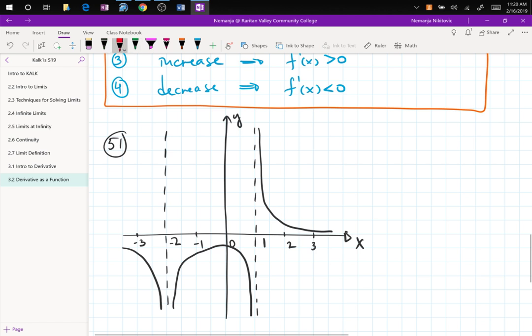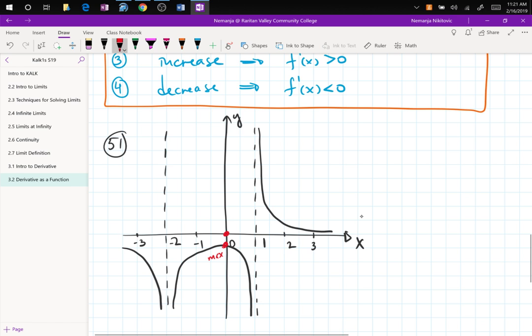Well, we immediately find the max value, and that's where the derivative goes to 0. We know that these asymptotes stay where they are.